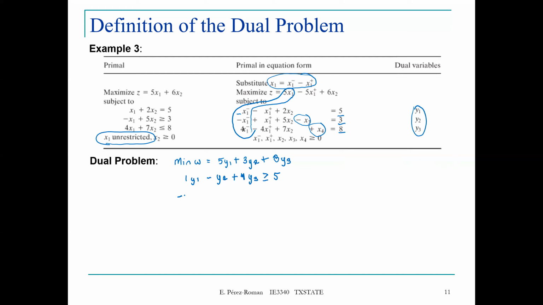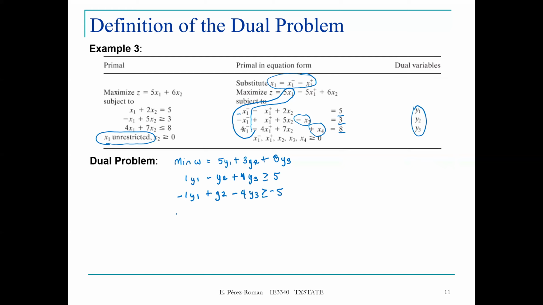And then we have minus y1 plus y2 minus 4y3 greater or equal to minus 5.